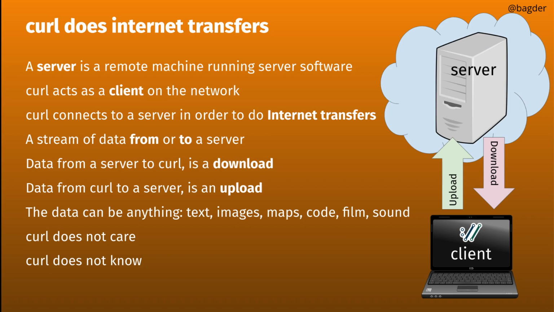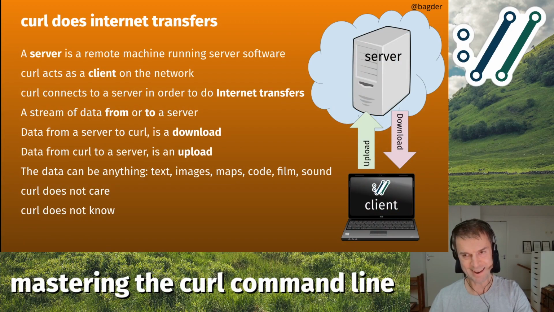And then I use this little image here to show my view of what a transfer is. I also want to introduce these tiny images, because I'm going to reuse these icons in some other slides as well. So the bottom thing here, the client, that's the cURL, right? That's a cURL logo. It doesn't have to be a laptop, of course. It could also be a phone, a car, a fridge, a printer, and it usually is, or a television set, or a game console, or anything that runs cURL.